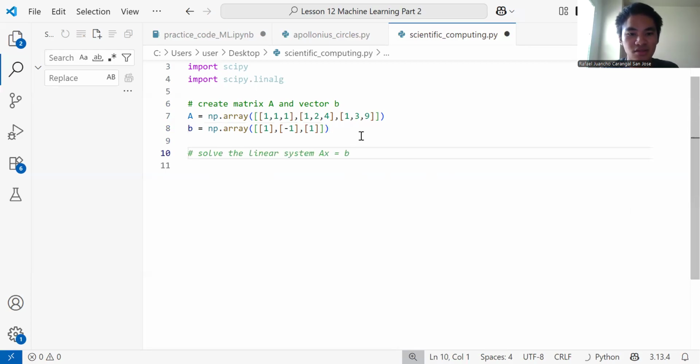The next thing we want to do, so we can try a direct Gaussian elimination here.